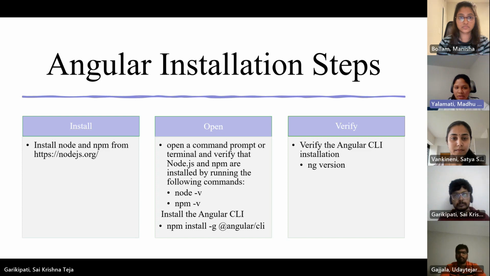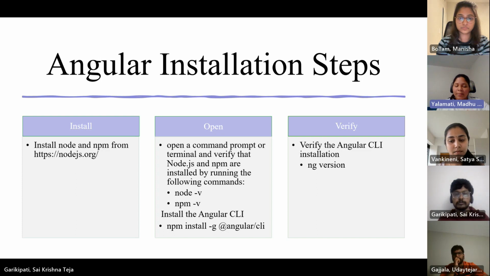We have installed Angular, and these are the Angular installation steps. To install Node and npm, we downloaded them from nodejs.org. To check the versions of the installed Node and npm, we have used the node --version and npm --version commands.